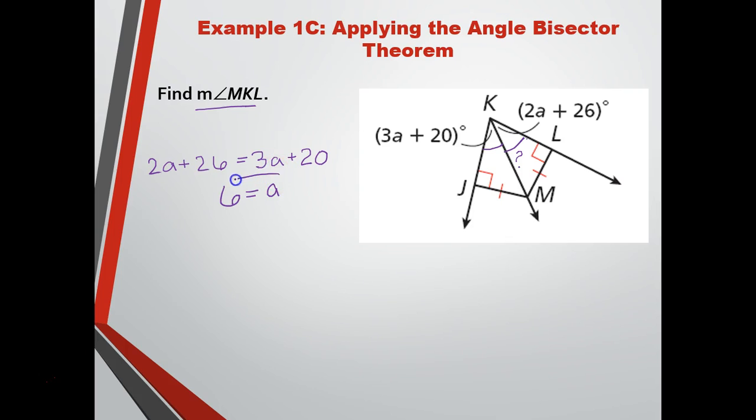Now take your value of A and plug it back into either one of these. We're going to get the same measurement because these angles are congruent to each other.